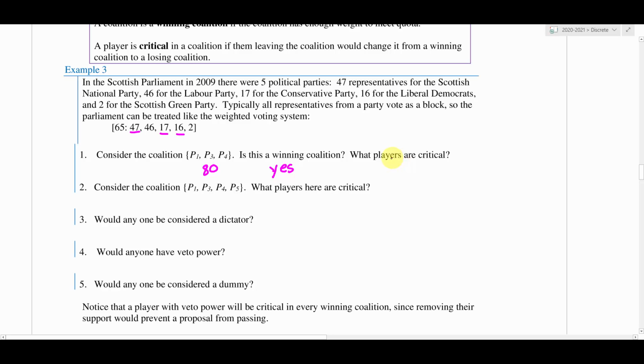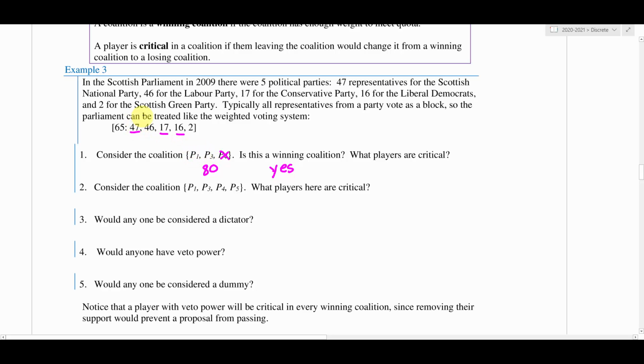So now the question is, is anyone critical? Okay, so to determine if someone is critical, we pretend that somebody is going to leave the coalition. Let's say that player 4 decides, nah, I don't think this is the coalition for me. I don't want to team up with these guys, so I'm leaving. So now this coalition only consists of player 1 and player 3.